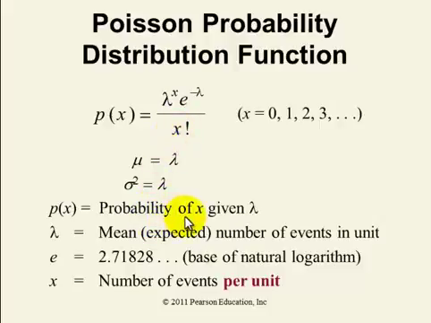So we're looking for the probability of x given this mean. So it's really pretty simple. It's just that we have to use these exponentials and a factorial. So it gets perhaps kind of confusing.